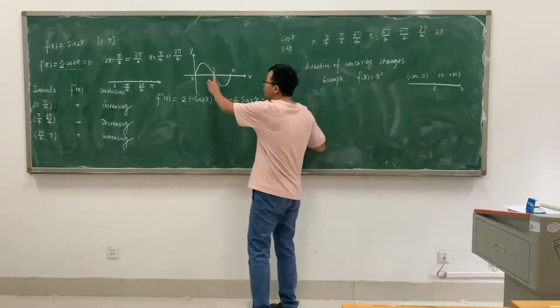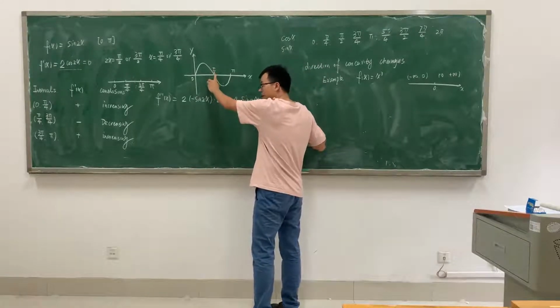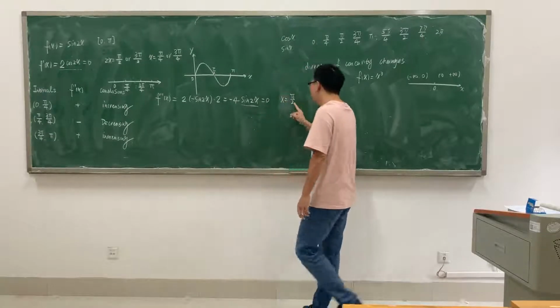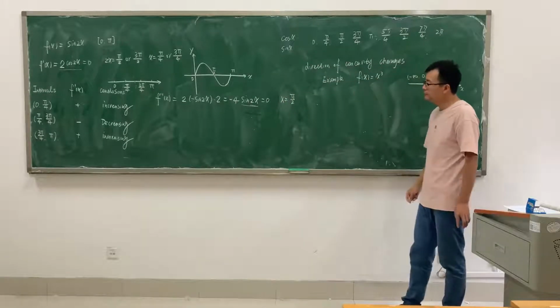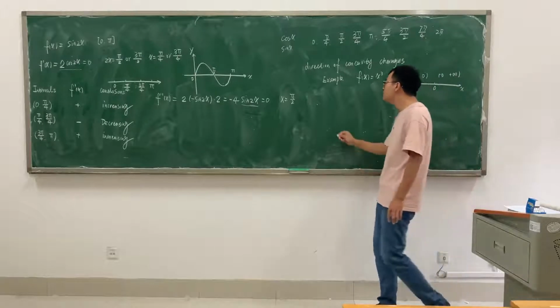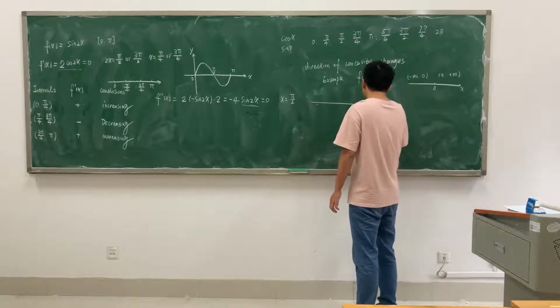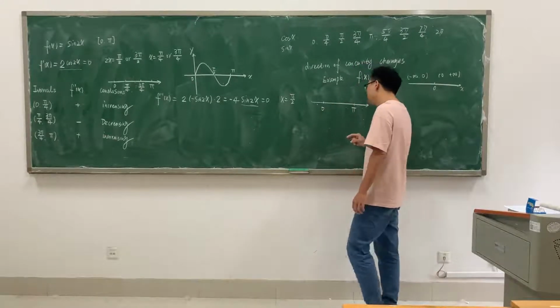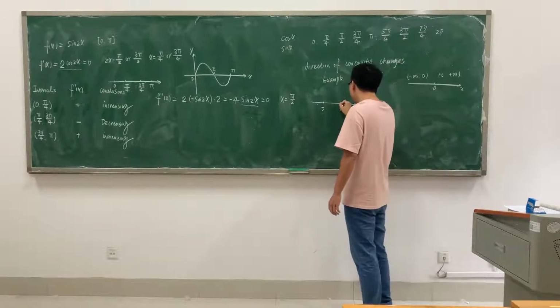Sine 2x equals 0 means x equals 1/2 pi, yeah? So x equals 1/2 pi. In this interval, here is 0, here is pi, so here is 1/2 pi.